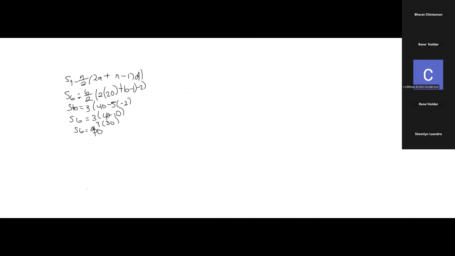So, I'll ask a question: out of the examples that I'm going to give, which one can we find a common difference in, and why?